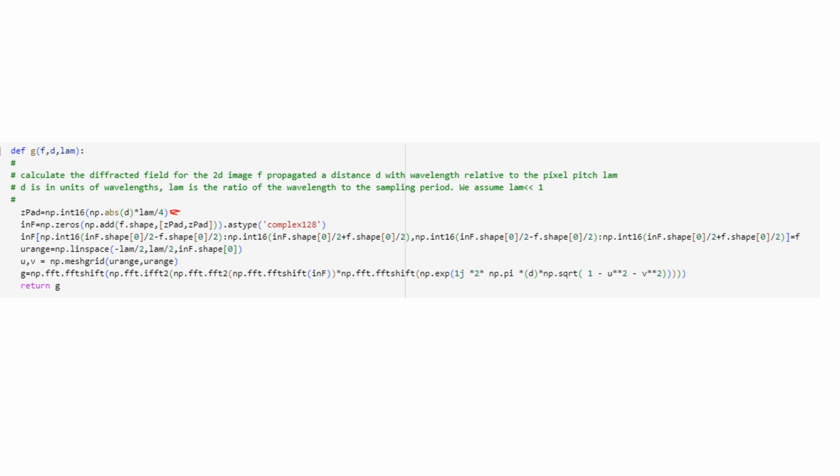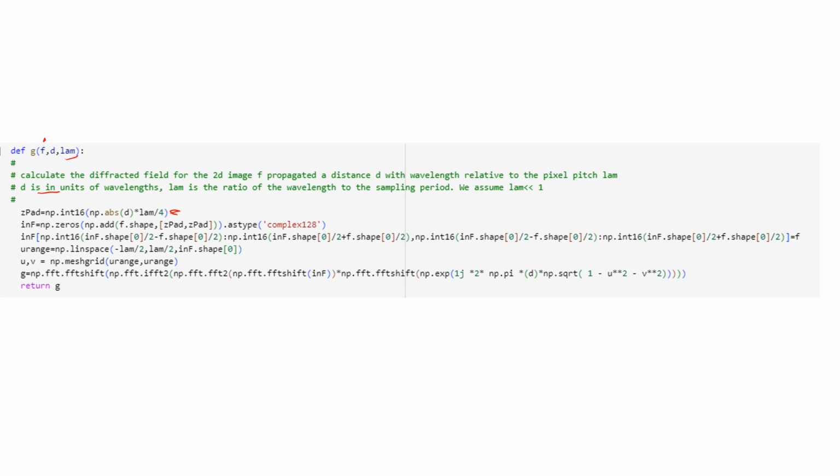Once you've determined the ratio between the sampling pitch and the wavelength, you input it here, and then you have an input field that we assume is sampled at the sampling pitch, and we're going to propagate it a distance d, where in this system d is in wavelengths. So the signals that we're going to see are plotted in units of wavelength.